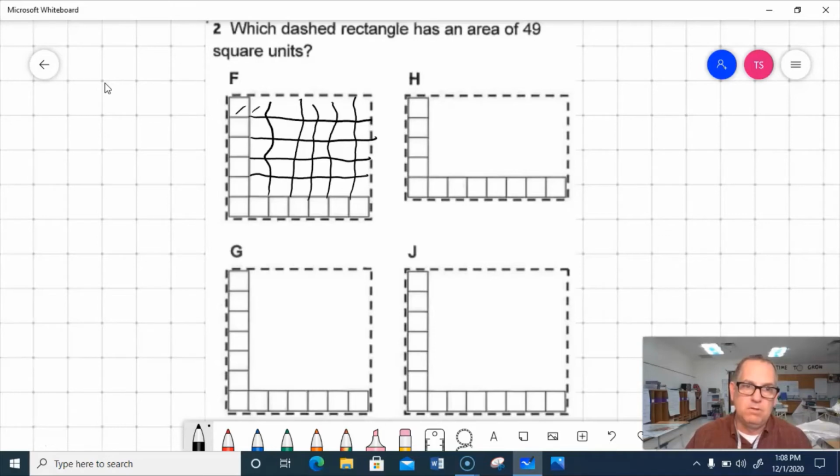So that's 1, 2, 3, and so on, up to 39, 40, 41, and 42. So rectangle F looks like it is 42 square units.